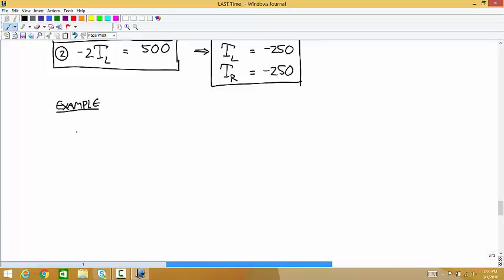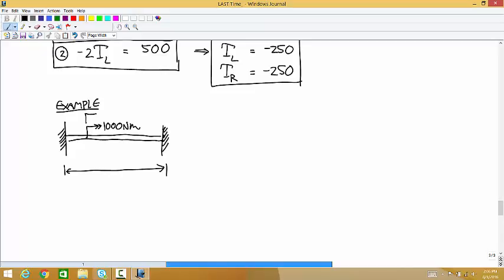Okay, so let's say that now we have two fixed supports and a bar in between them. The whole thing is 1 meter long. And let's say 1/4 of the way along the beam, we have a torque applied of 1,000 Newton meters and a tension of 4,000 newtons.